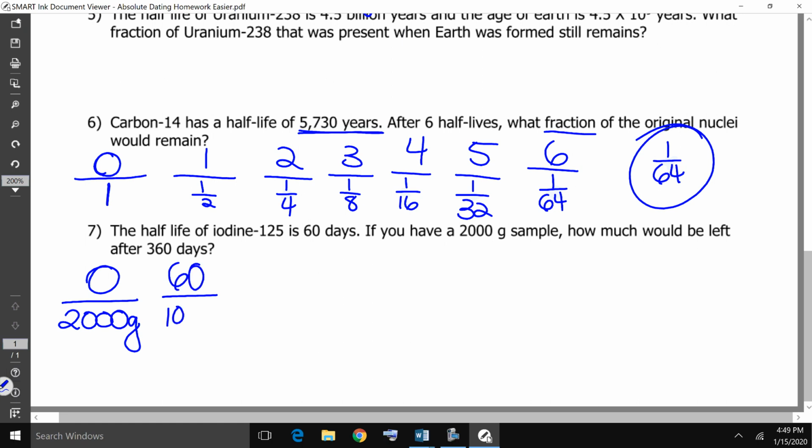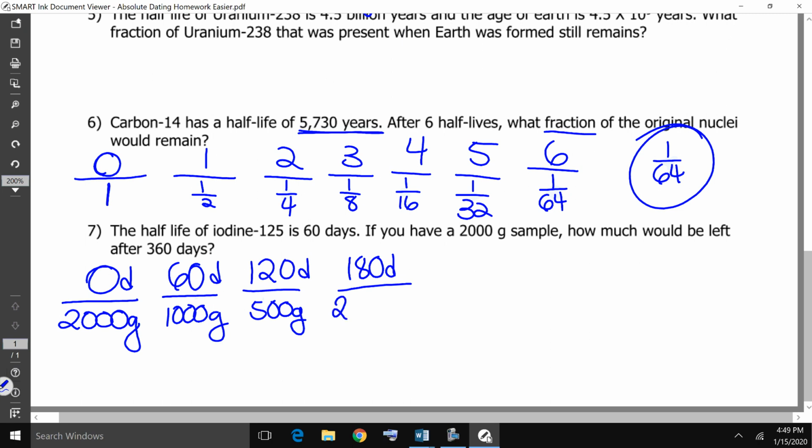We have 1,000 grams left. 2 half-lives is 120 days. That is 500 grams left. 3 half-lives, oops, I'm missing my units. Okay, after 3 half-lives, that's 180 days, 250 grams.